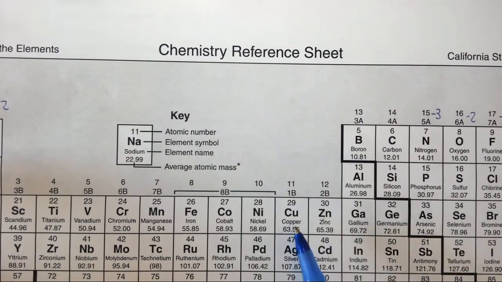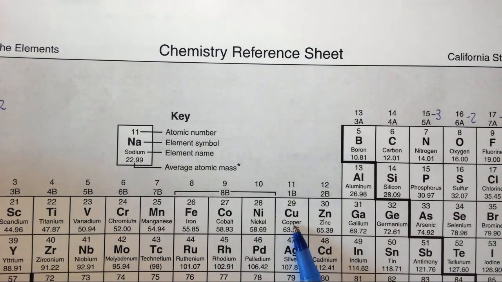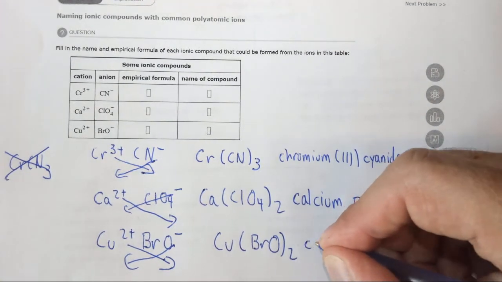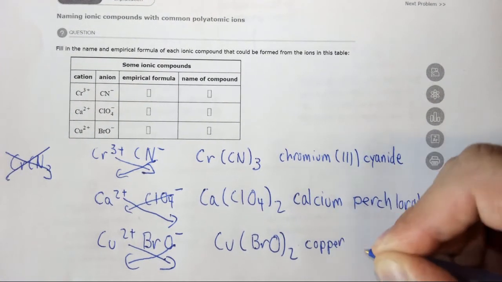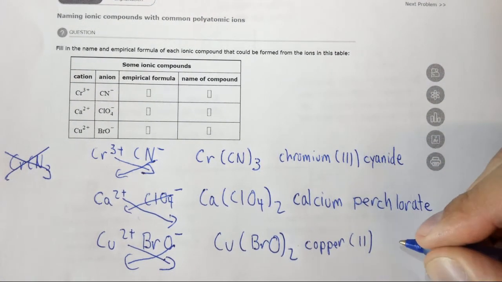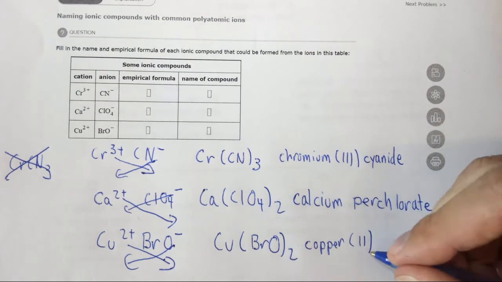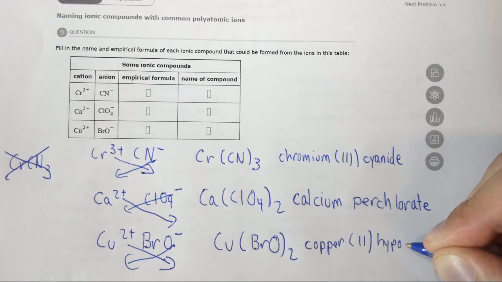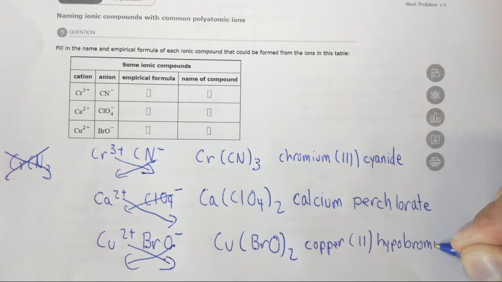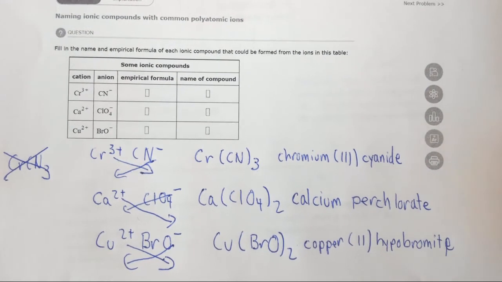Copper is again capable of forming multiple charges. It's a transition element here, copper. So this is copper(II), and then BrO- is hypobromite, like this.